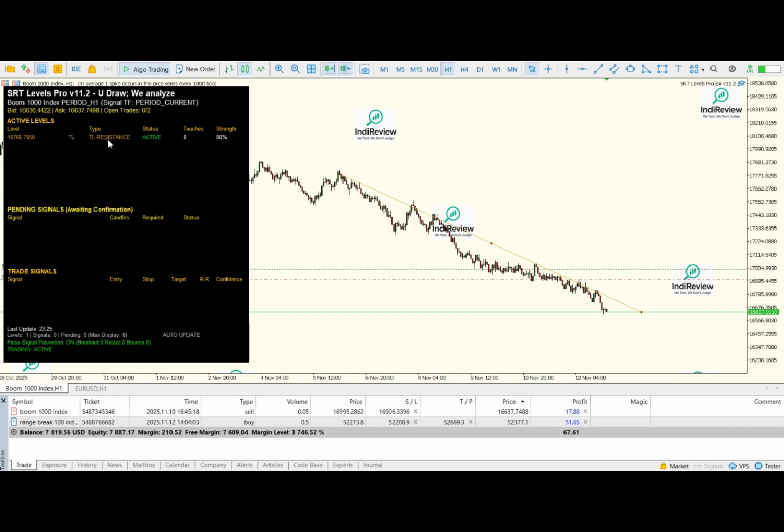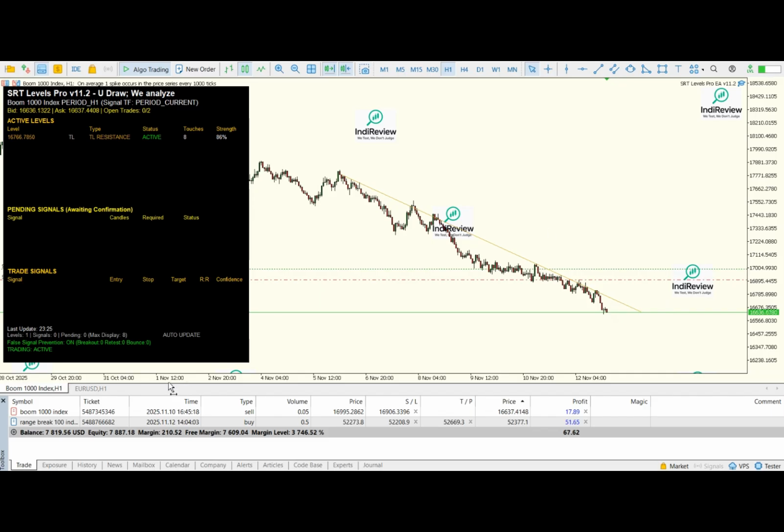It shows there's resistance, right? So if the market reverses and touches this line and does not break, a sell trade will be triggered because it'll be going downwards. But if it breaks the resistance line, then it goes up, it becomes a buy, and it gives you a buy signal.